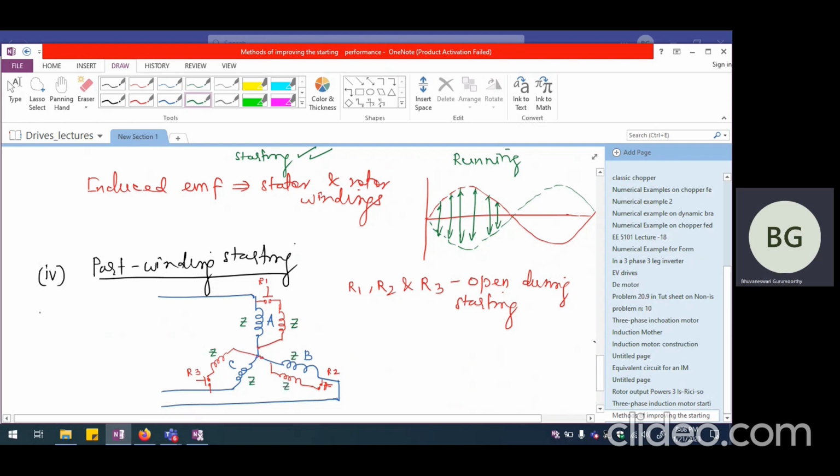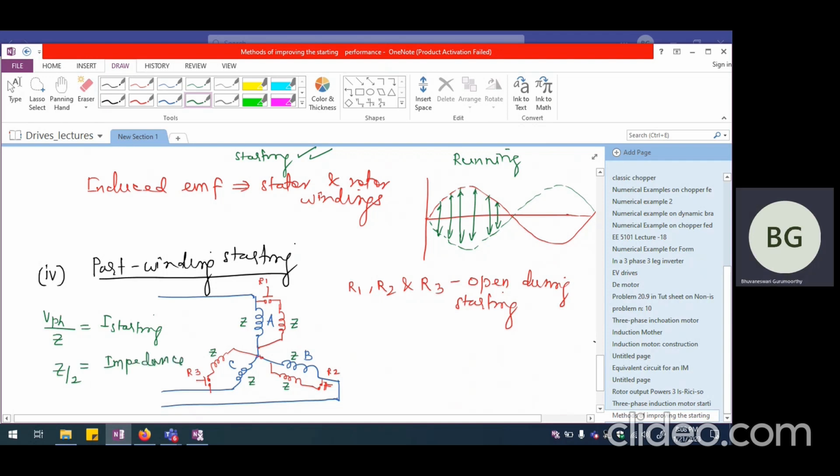Then we are going to have V phase divided by Z as the current that is taken during starting. Whereas if I look at it during running, the impedance is going to be Z by 2. This is the impedance during running.